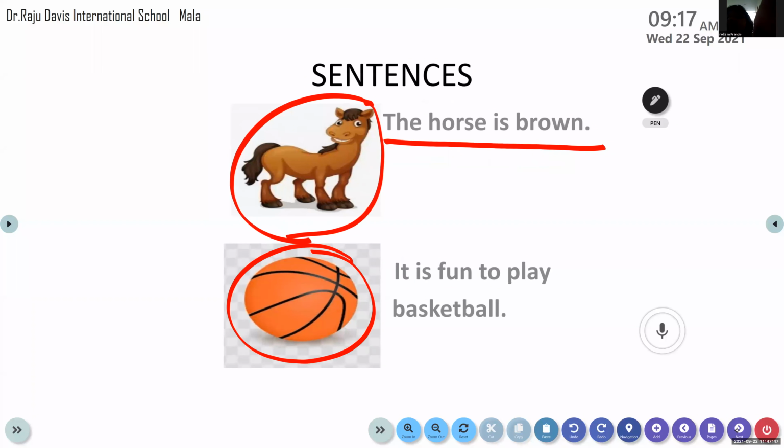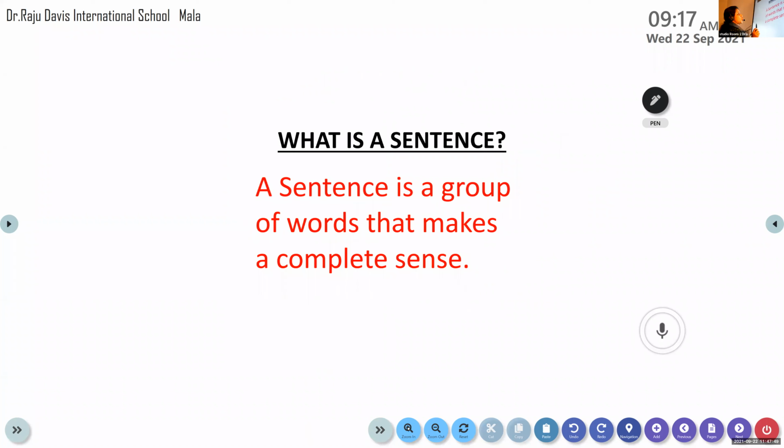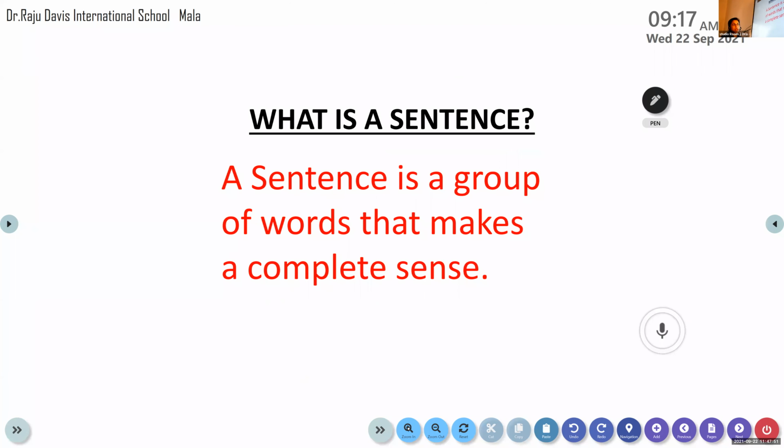Now let's see what a sentence is. A sentence is a group of words that makes complete sense. Okay, a sentence is a group of words, nothing but a group of words that should make complete sense.